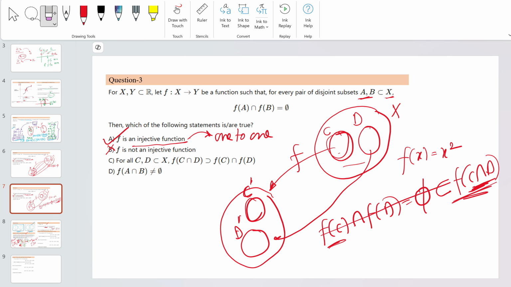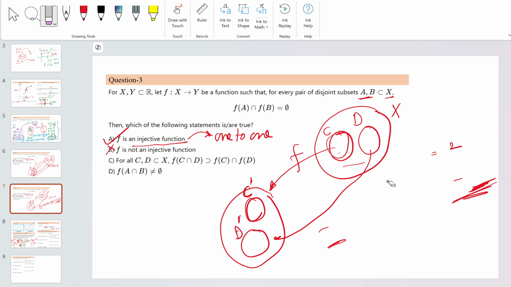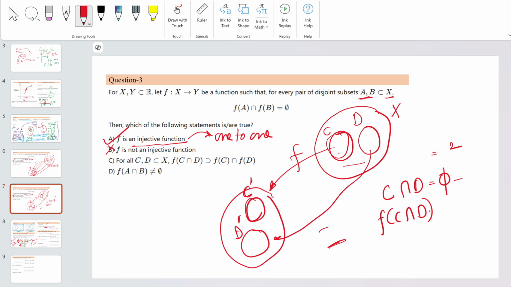Sorry, let me explain it better. Suppose f(C) intersection f(D) is equal to phi, and f(C) intersection f(D) can be phi or can be any other value as well. So it can be a superset, but it is not always such a rule.